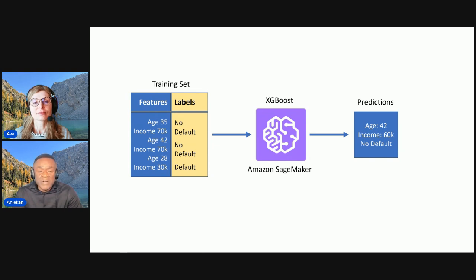For example, supervised machine learning algorithms like XGBoost, which is available as one of Amazon SageMaker's built-in algorithms, expect to receive labeled data. So if you want to train a model to recognize spam email, you'd give it a lot of emails, some of which are spam and others which are not spam. And each of the example emails has to be labeled spam or not spam, right?